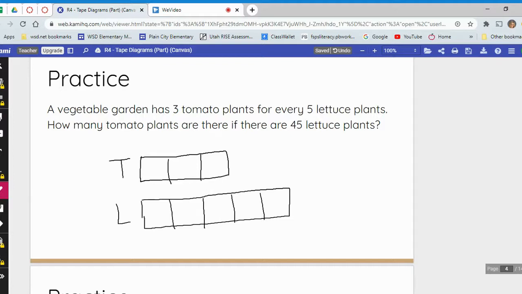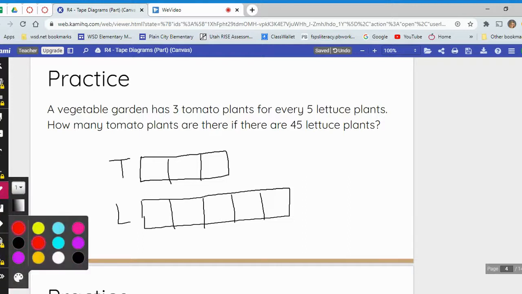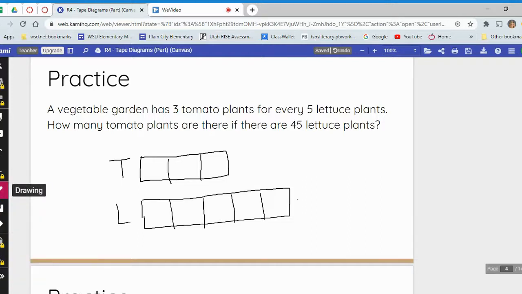So I'm going to go to the bottom bar because that's where lettuce is. And these sections, it says, have to equal 45. So I take that 45 and I divide it by 1, 2, 3, 4, 5 sections. 45 divided by 5 is 9. So I call this my piece size.